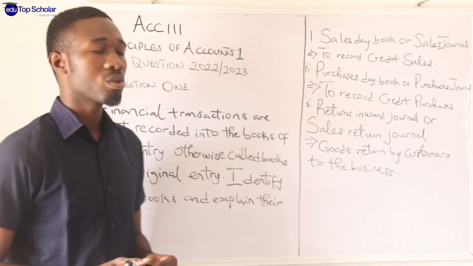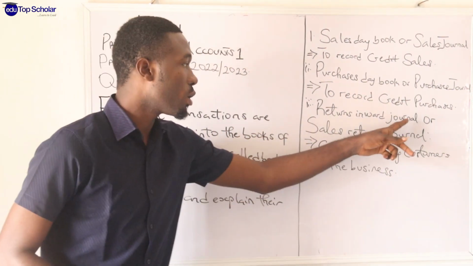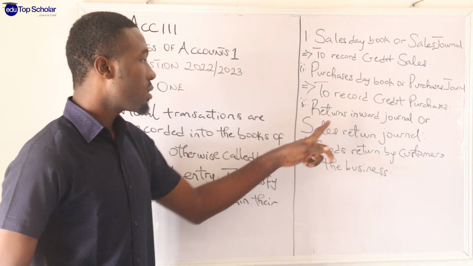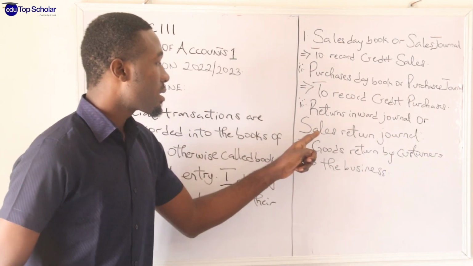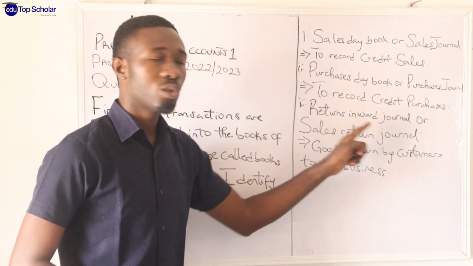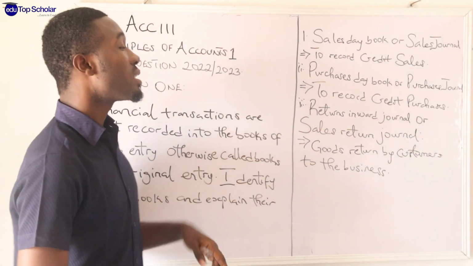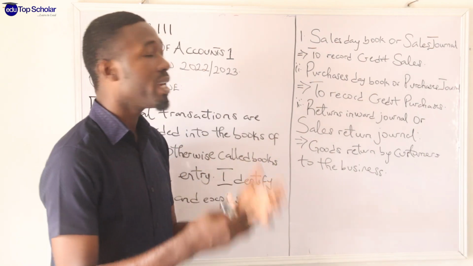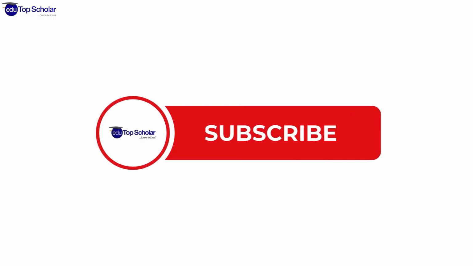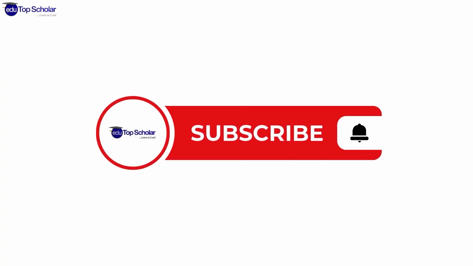That is the primary purpose of the returns inward journal. You can call it returns inward journal. It can also be called sales return journal. It can also be called returns inward day book. It can also be called sales returns day book, whichever you like to write.